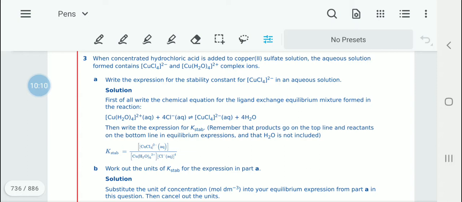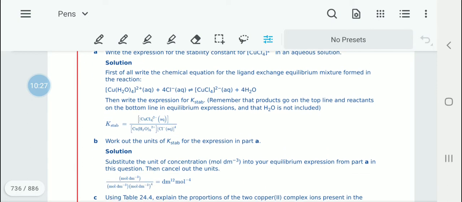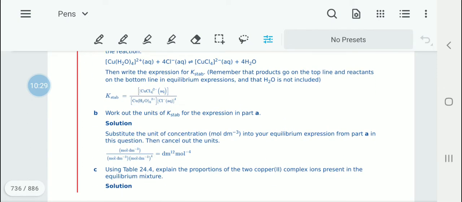Then we write the stability constant equation, K stab. So the products over reactants: CuCl4 2- aqueous over Cu(H2O)6 2+ times Cl-. Then from that we have to figure out the K stab units.